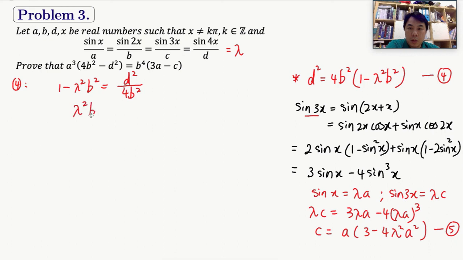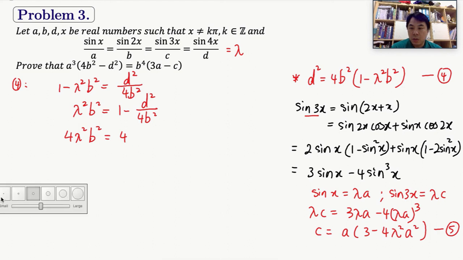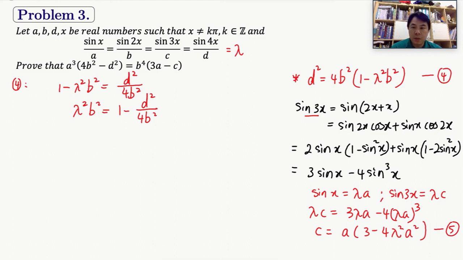And then lambda squared b squared is the same as 1 minus d squared over 4b squared. I might as well simplify the whole thing because I'm not a fraction person, so I'll bring all this 4b squared onto the other side.